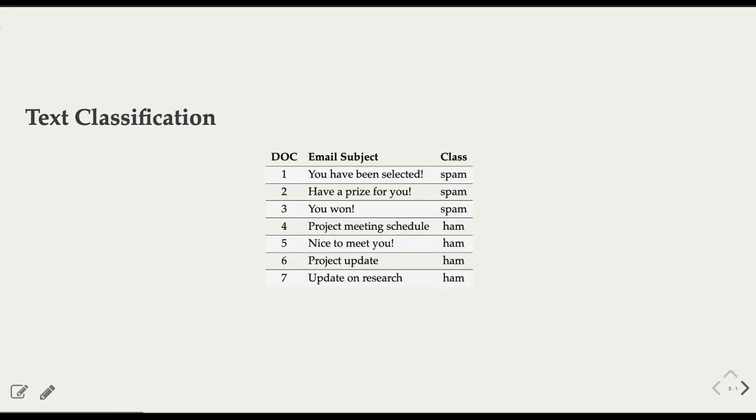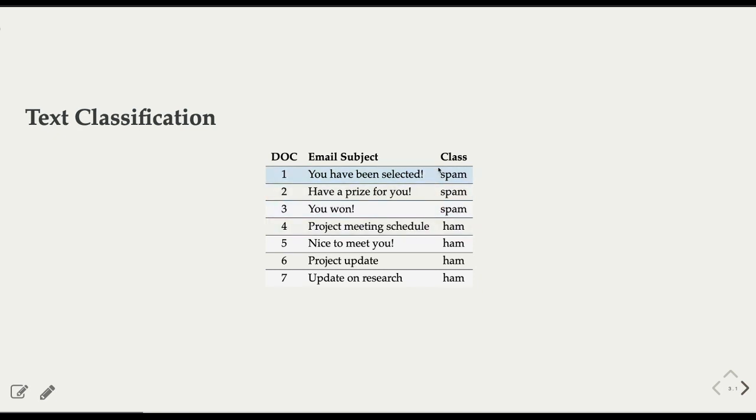This is an example of a small email collection with 7 documents, or 7 emails, I should say. Suppose we only use the titles or subjects of the emails for the classification, just to simplify the problem for our discussion here.